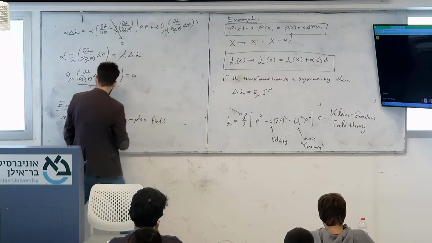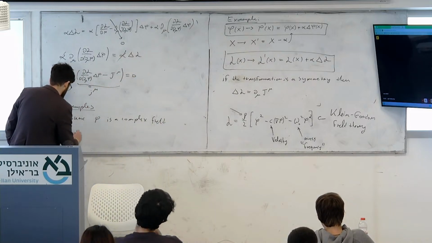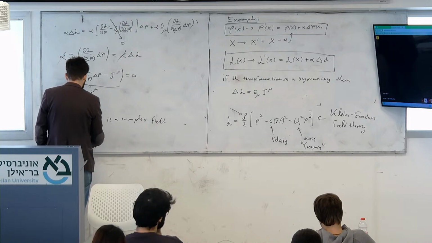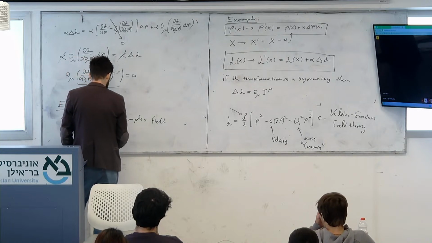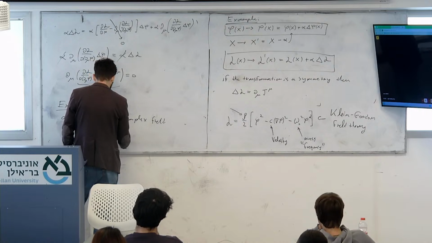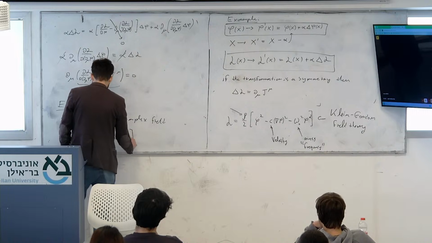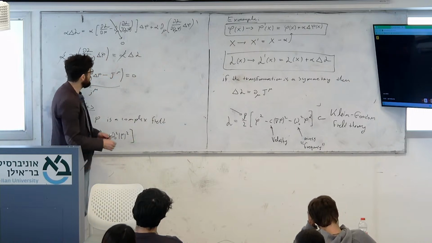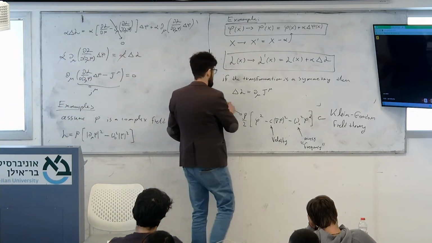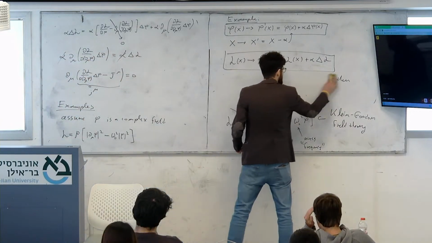And then this theory becomes L equals rho times d_mu phi squared minus, say, omega naught squared phi squared. Okay. Then in this case, we see that there is a continuous symmetry.